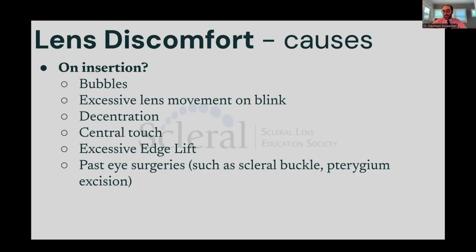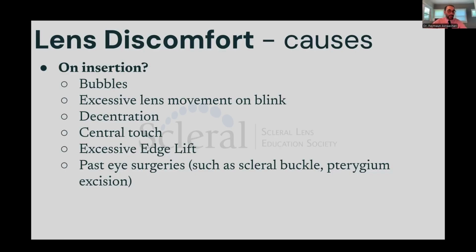Sometimes having more advanced technology to fit a more custom designed scleral lens, like profilometry or impression-based methods, could be more ideal when they have a more unique scleral shape. Even in pterygium excisions, the alteration from the surgery can create areas of the sclera that are not particularly normal, and so it might cause the lens to not land appropriately. It can create some challenges with discomfort.